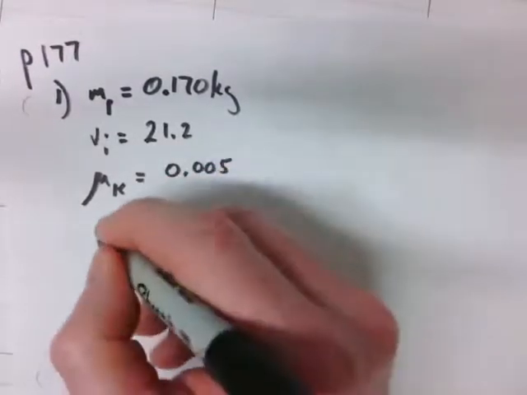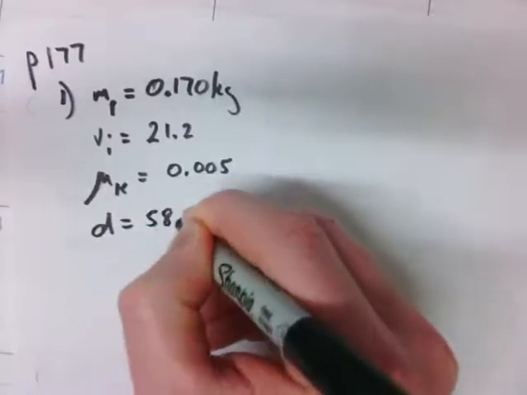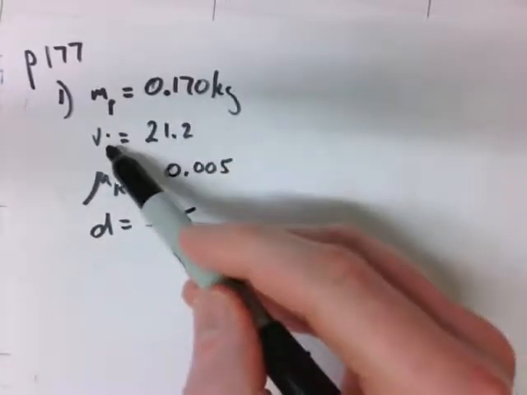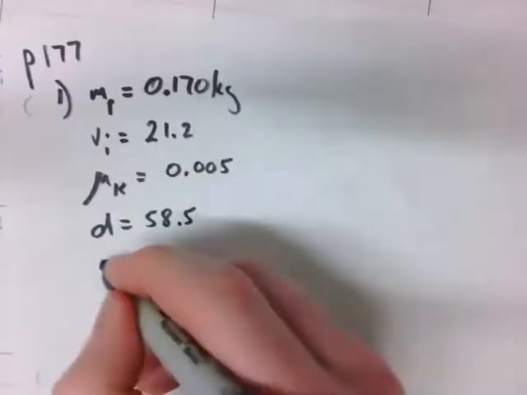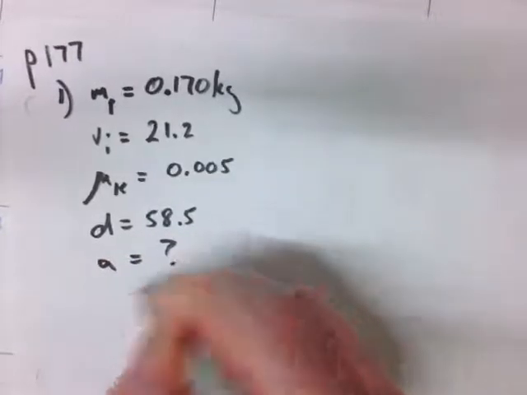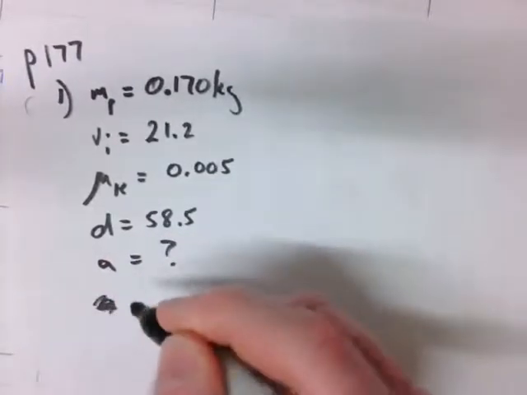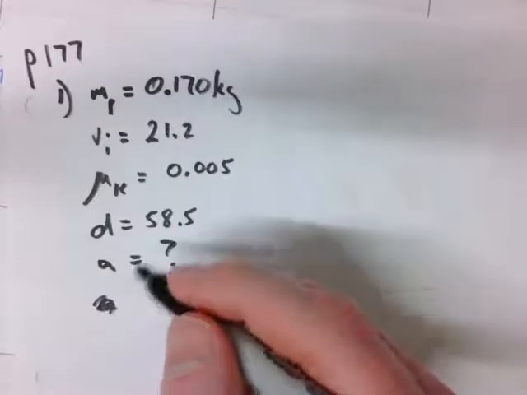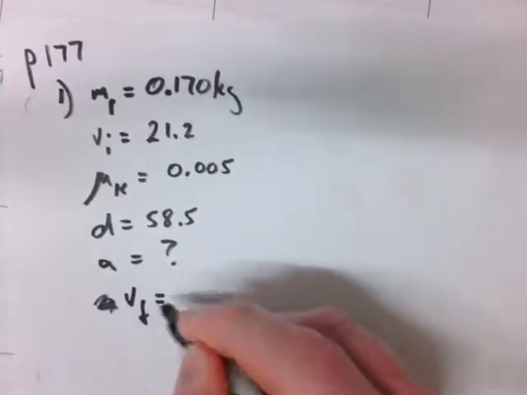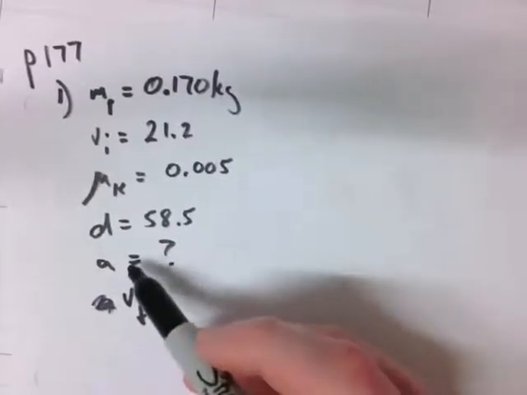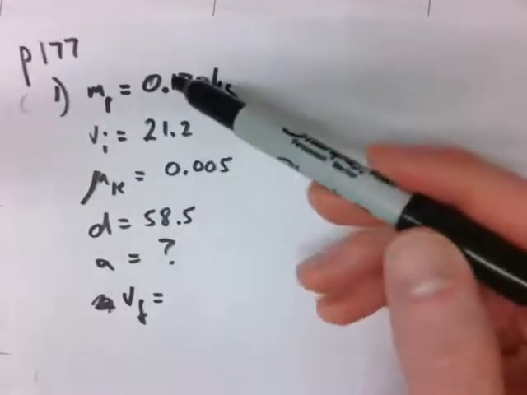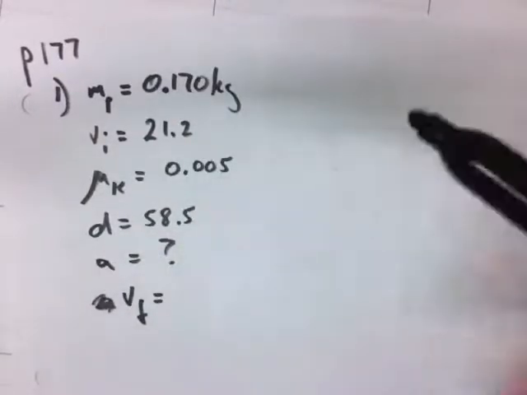So the displacement is 58.5. D equals 58.5. So we're going to have initial velocity. We're going to have displacement. We're going to solve for acceleration. And then, what is the speed? Then we're going to find VF. And by we, I mean you, if you want to. The important part of this unit, the new part, is finding that acceleration.